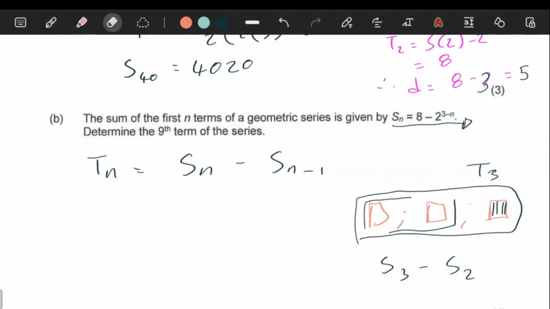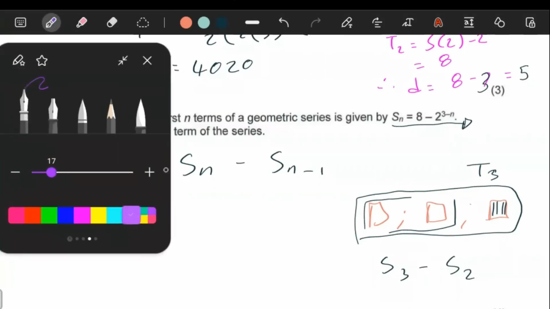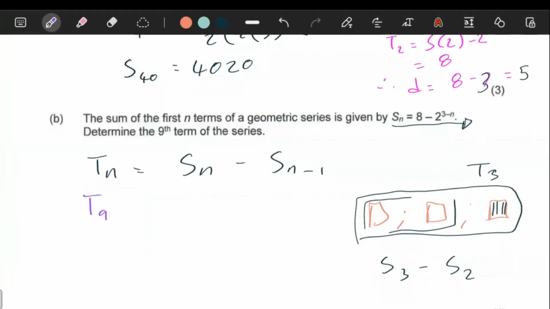So if we're saying something like T9, term number 9, it is going to be equal to the sum of the first 9 terms minus the sum of the first 8 terms. So T9 is going to be S9 minus S8.